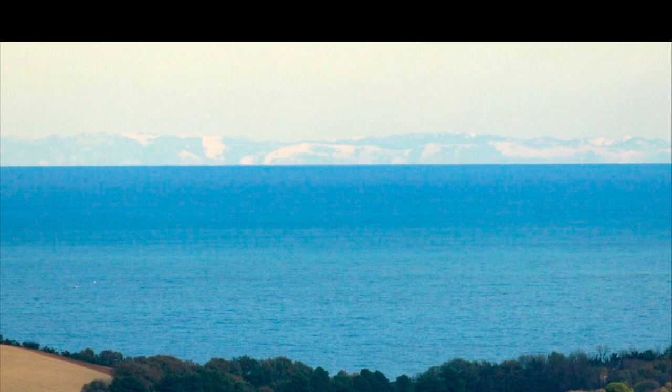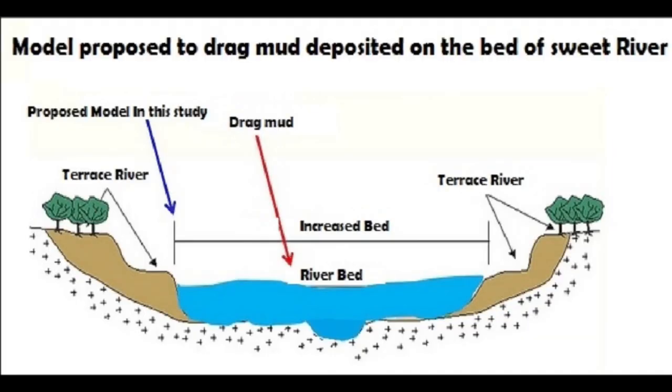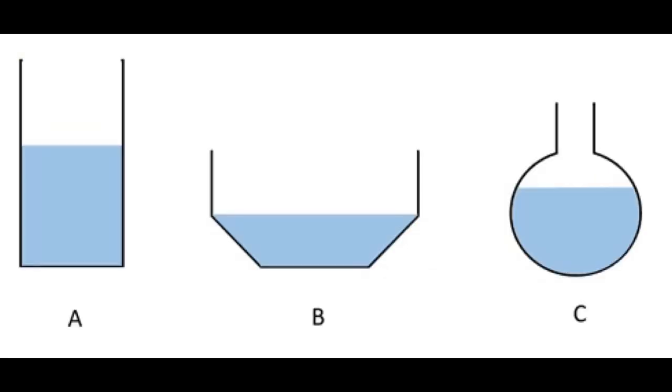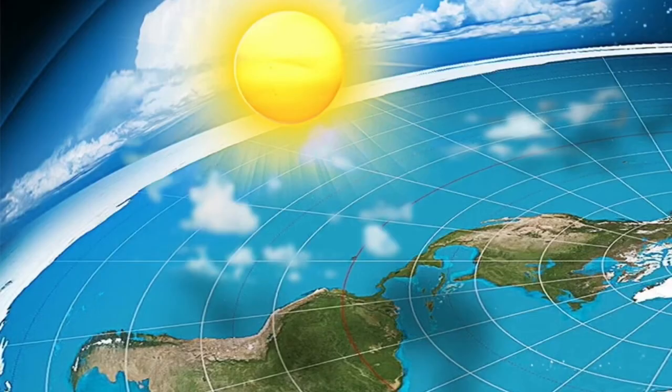The Congo, the Amazon, the Colorado, the Shabelle, the Nile, the Yangtze. In conclusion, the natural behavior of rivers and the horizontality and shape of water, whether in a bed or in a container or in a basin or in the ocean, is proof that the earth is a plane, not a globe.